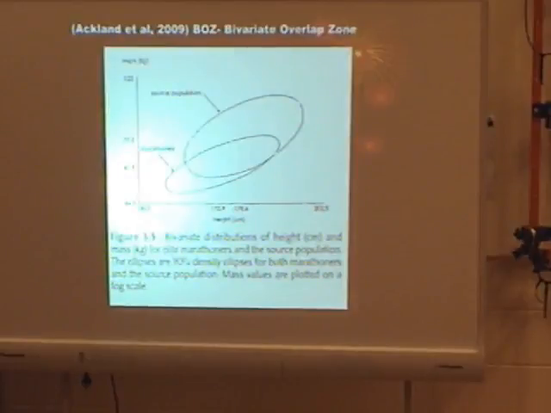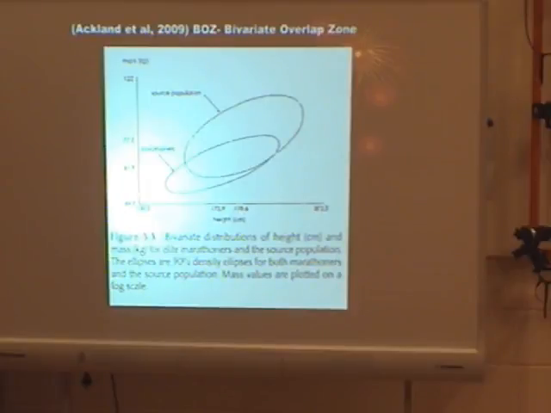So one of the ways of showing how two variables compare. When I say variables, especially in this part of the lecture, it's something you can measure. Here, it's mass, let's say your body weight, and height.